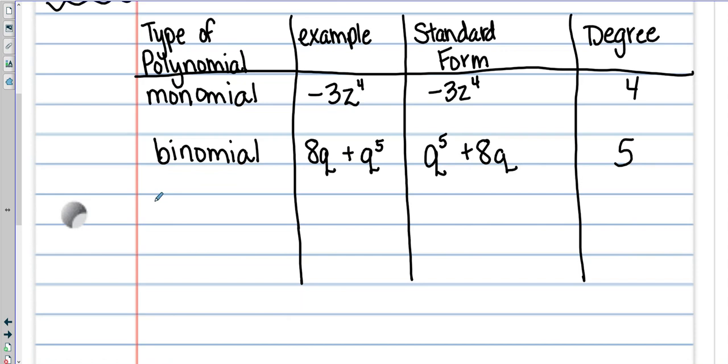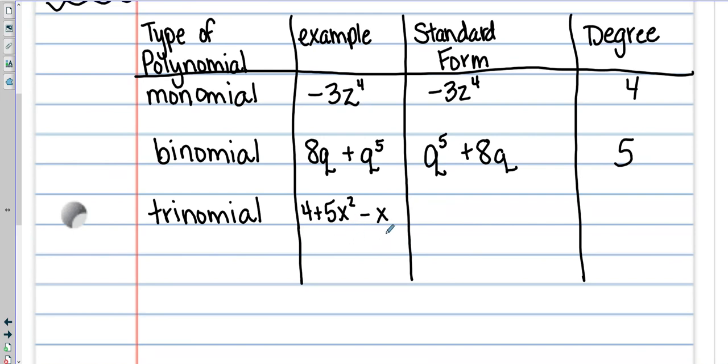Okay, and then the last type is a trinomial. So an example of that would be 4 plus 5x to the 2nd power minus x. So we're going to put these in order. We're going to put it in standard form.